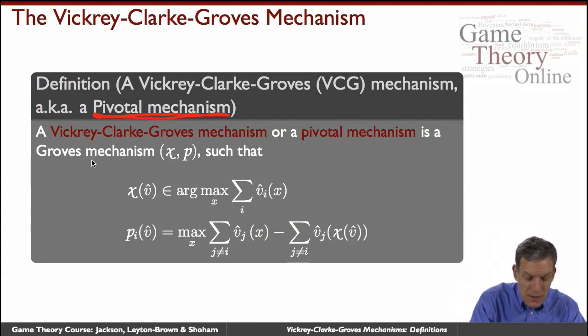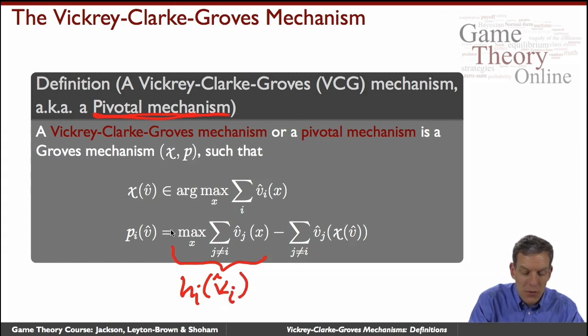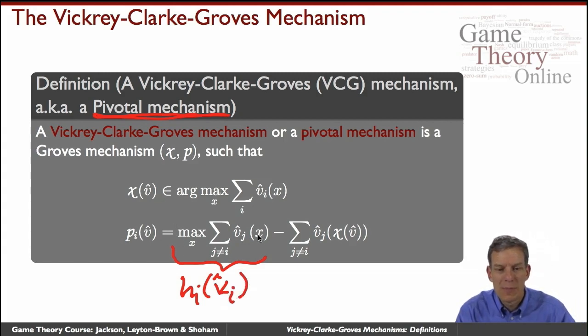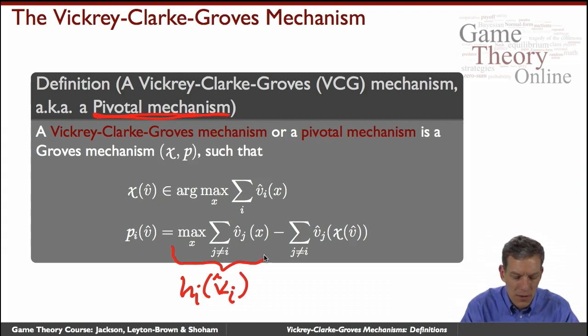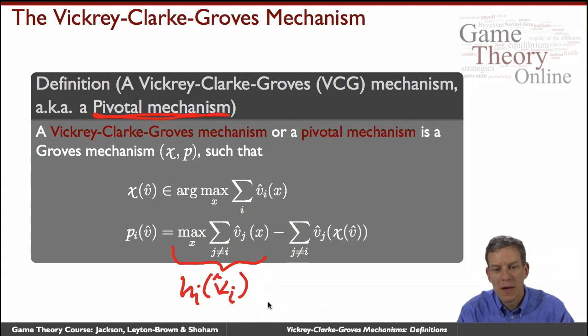But what's specialized here is, if you remember that h function we had, h_i of v hat minus i, that function now takes a very specific form, and that specific form in particular is one where what we do is pick something which maximizes the sum of everyone else's utility.